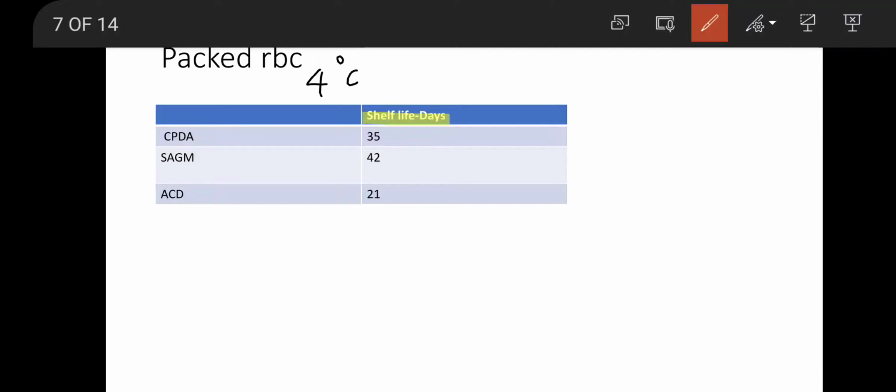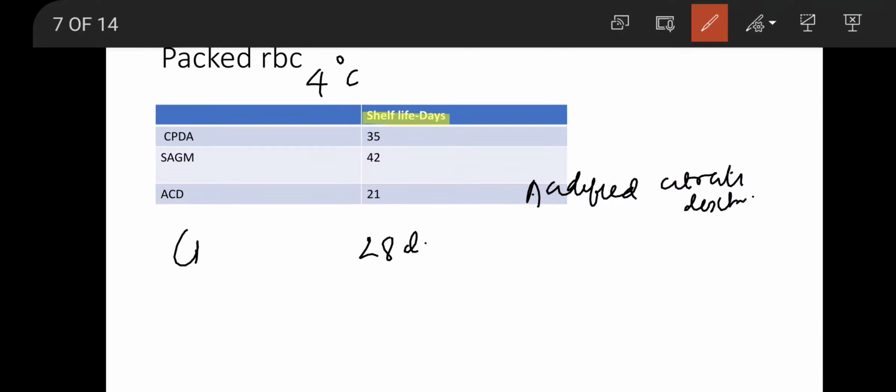The lowest value is ACD, acid citrate dextrose. The next is 28 days, that is CPD, citrate phosphate dextrose. The next is CPDA, citrate phosphate dextrose adenine, 35 days. Then SAGM, saline adenine glucose mannitol, 42 days.